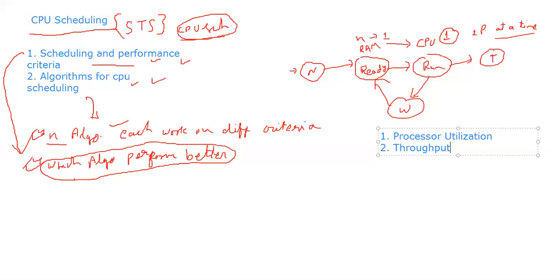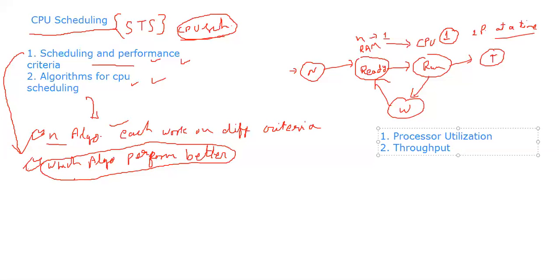Let's take one example to see what throughput is. Suppose 100 processes are running.